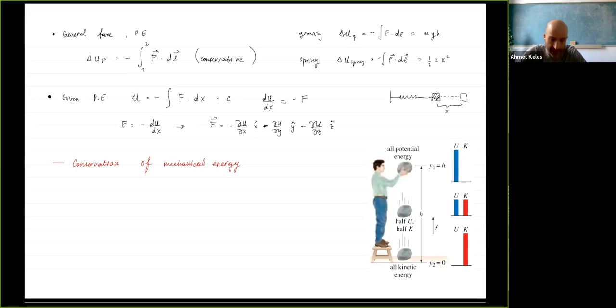The partial derivative means take the derivative as if everything else is constant. For example, if you are taking the partial derivative with respect to x, you're assuming u is only a function of x, and the same for y and z. Partial derivative is a very convenient, easy thing to do.